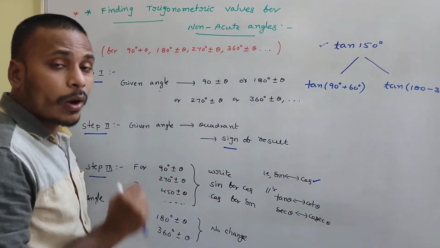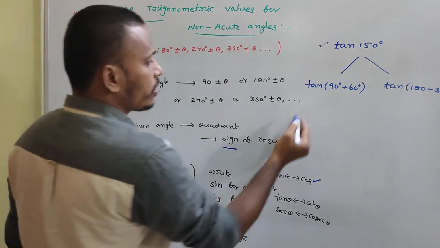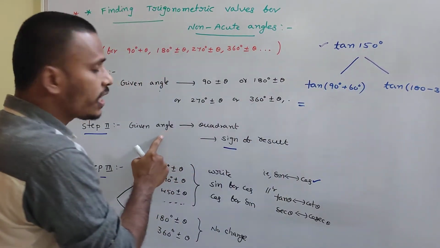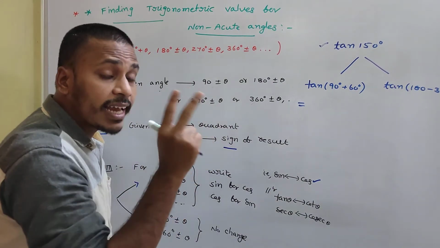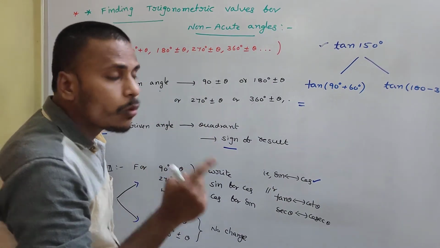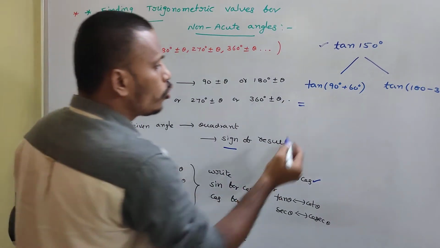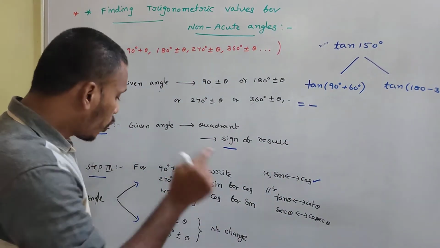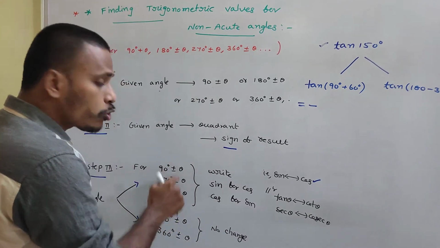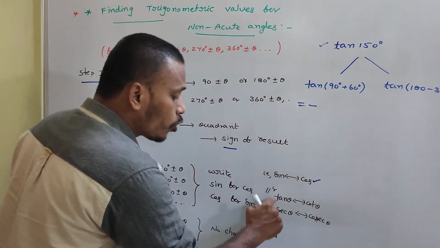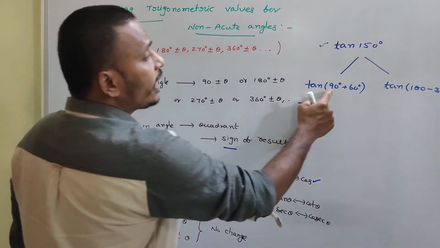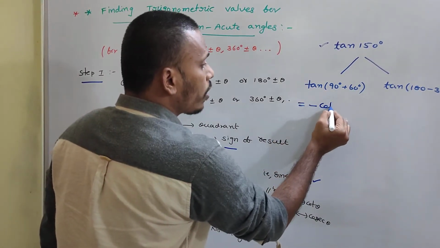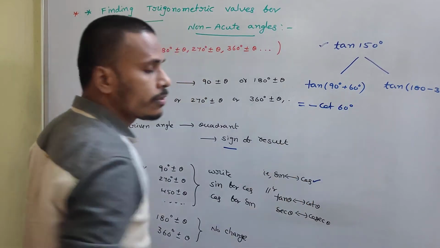Step 2: what is the sign of the result? 150 degrees is the given angle, which belongs to the second quadrant. In the second quadrant tan is negative, so use a minus sign, and step 2 is over. Coming to step 3, for odd multiples of 90, change tan into cot, cot into tan. 90 degrees is clearly an odd multiple of 90, so change tan to cot, cot 60 degrees.